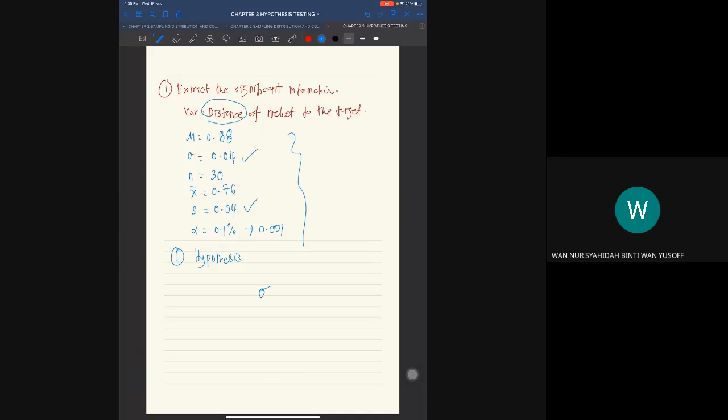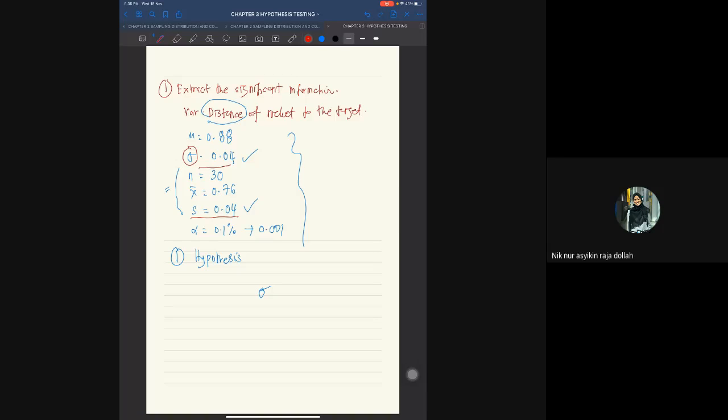But if you notice, the sigma value is similar to the S value. So what does it mean? What does sigma mean here? This sigma is equal to the S value. What does it mean? Same. Nothing changed.